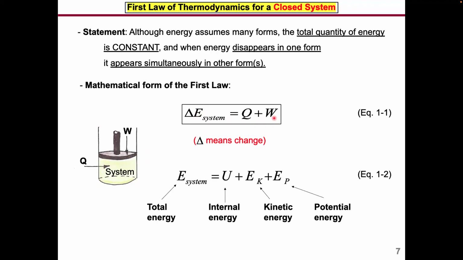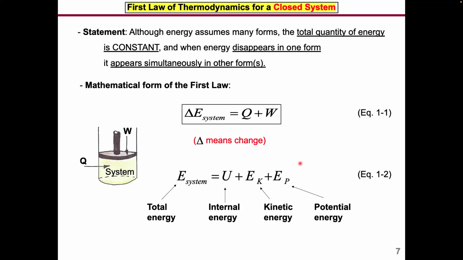Now, if you zoom in to the system, this is a macroscopic, overall view, right? If you zoom in, the system's total energy is usually considered to consist of three parts. First is the internal energy. Internal energy quantifies the molecular interactions within the molecules inside the system, okay? Then there is kinetic energy, meaning that if the whole system is moving at a speed, then you have some kinetic energy.